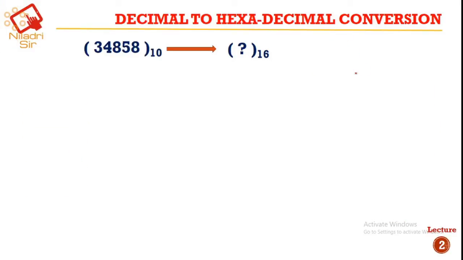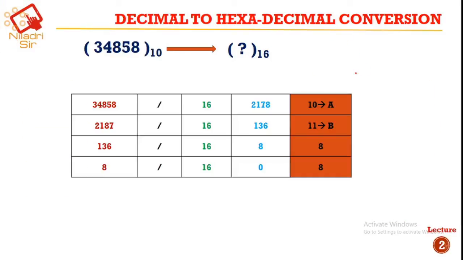Next, do another example. This is decimal to hexadecimal, and in this case we will divide by 16. If we divide 34858 by 16, it will be 2178, and the remainder will be 10, and 10 will be treated as A. Then 2178 comes here, and we again divide it by 16.